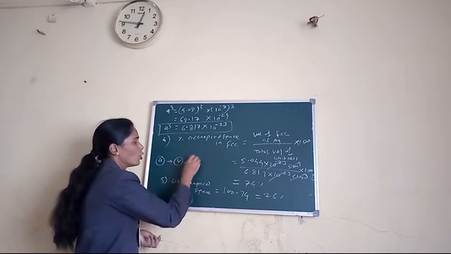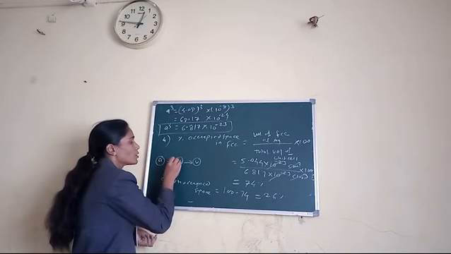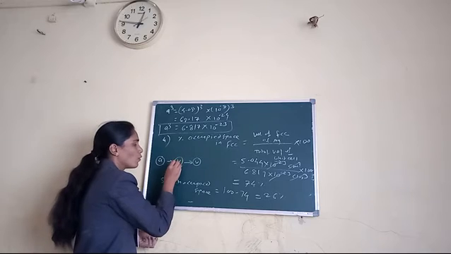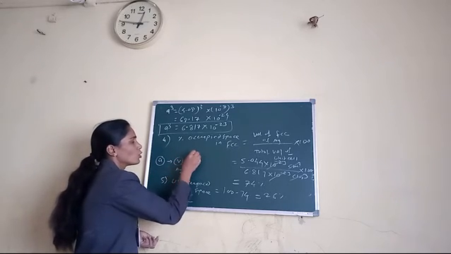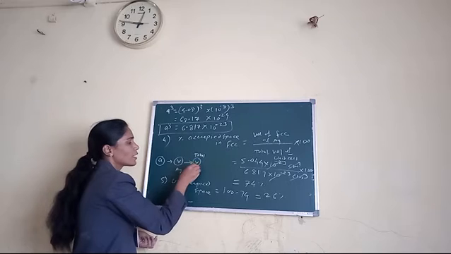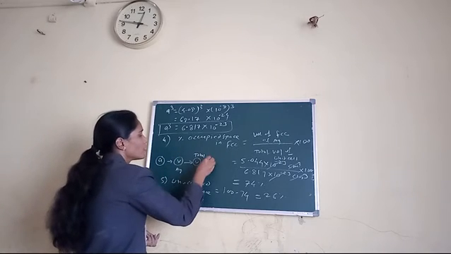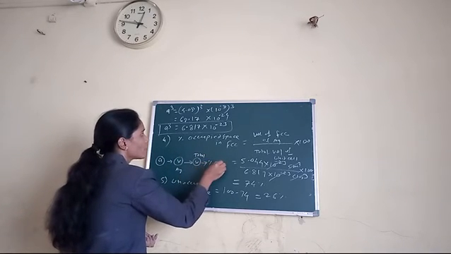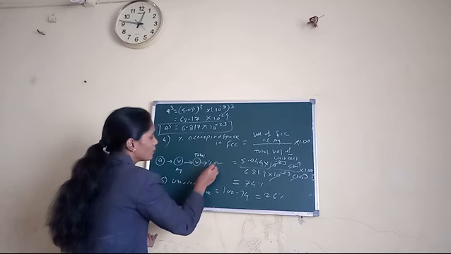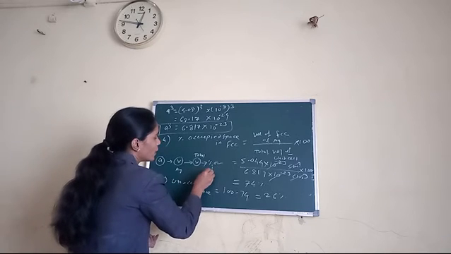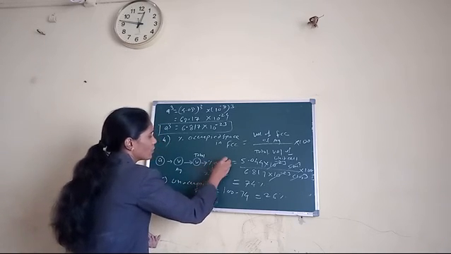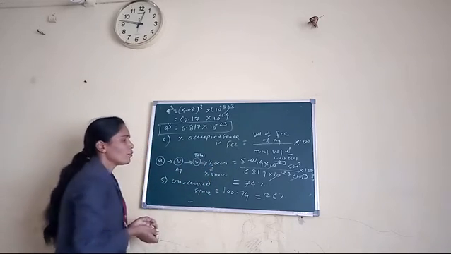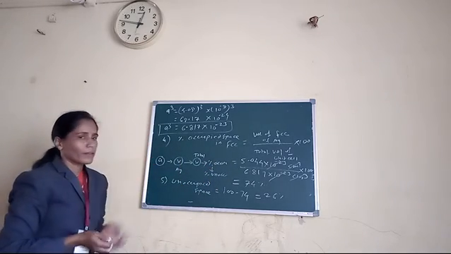Second, the calculation for the volume of 1 atom of silver, and third, the calculation for the total volume of the unit cell. Then next is the percentage of occupied space, and then the percentage of unoccupied space. By these steps we solve this numerical.